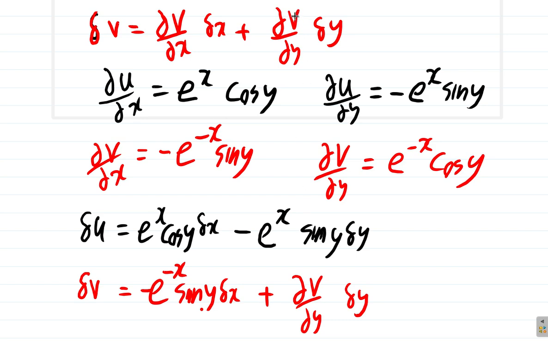Plus delta v by delta y del y. What is delta v by delta y? Here it is, which is this. Alright, so let's erase here and put e to the x cos y. So that's what we have. Right?